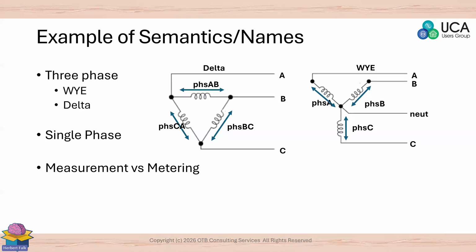So for a 3-phase Y transformer, phase A is named phase A, phase B is named phase B, there's neutral, there's phase C, and for a delta is kind of similar. So at this point, from a measurement perspective in 61850, if you want to read phase A of a Y transformer, some portion of that name is going to say phase A.